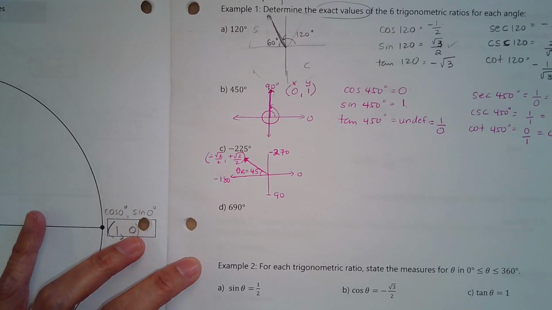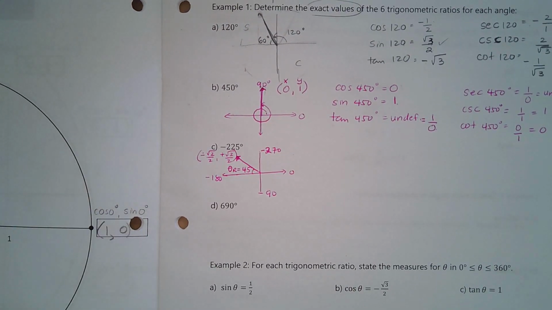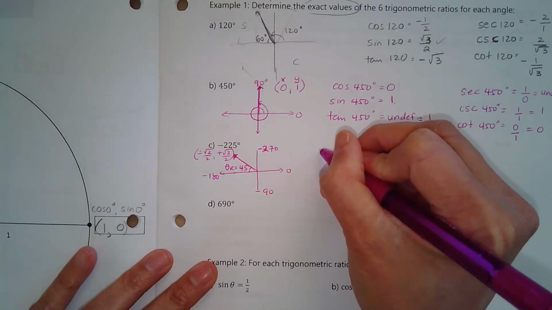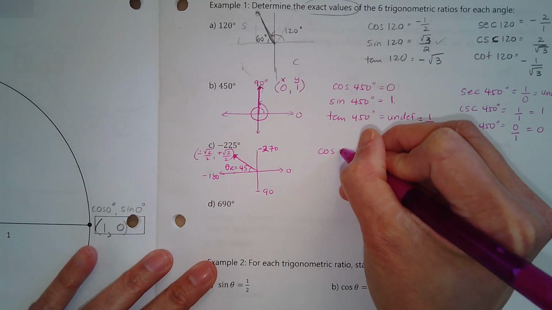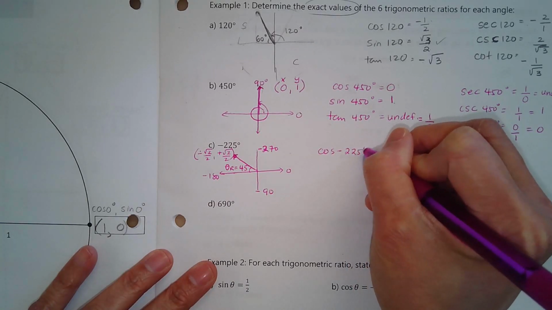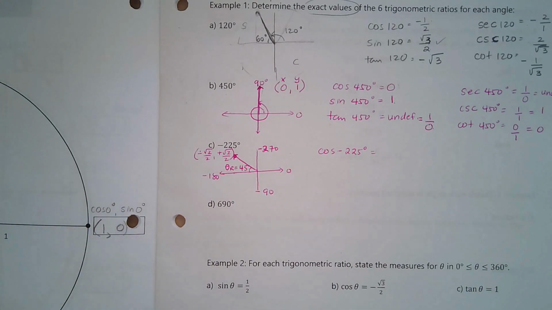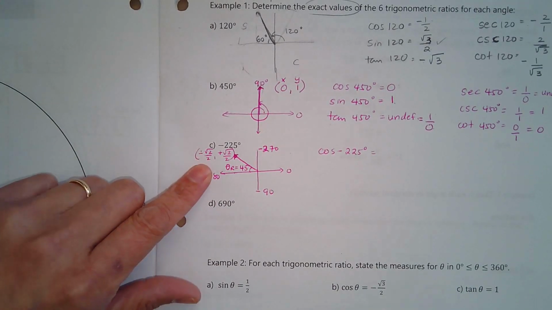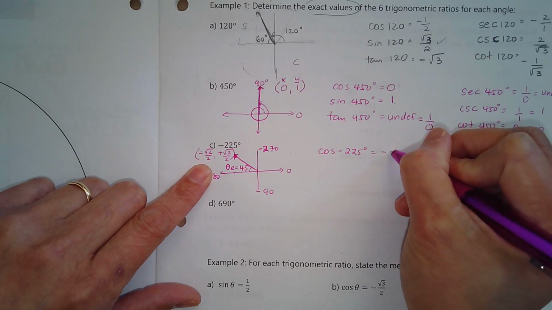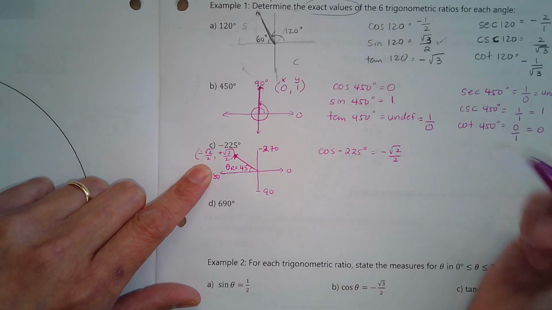Okay? So from there, we can go cos of negative 225 degrees. The cos is the x component, so it's negative root 2 over 2.